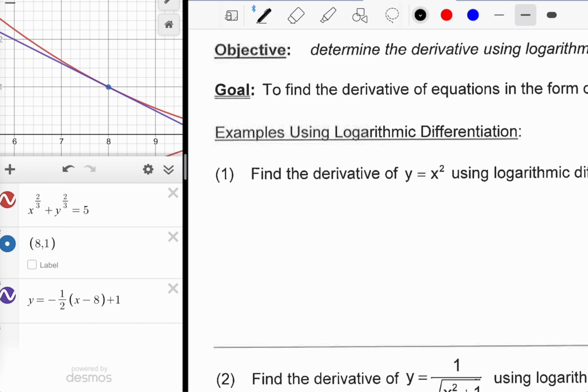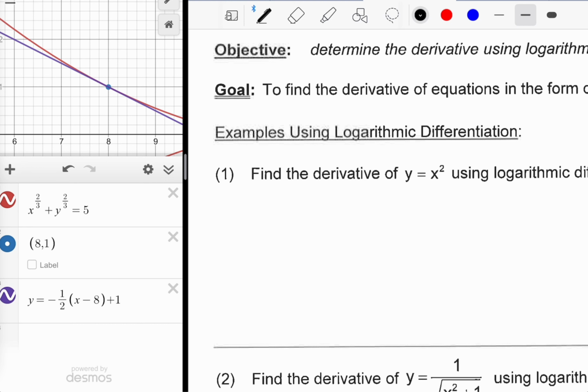Finding the derivative of two expressions being added versus the derivative of two expressions being multiplied, it's an apples and oranges comparison. One's way easier than the other. So I chose y equals x squared as the first example because we know what the answer is supposed to be, and so we could verify that the technique works before we do something more complicated.